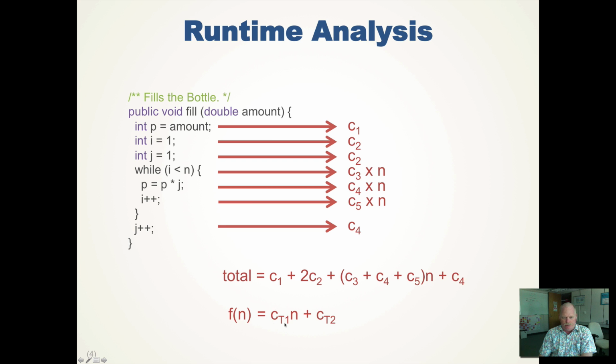It's a constant T1, which is these summed together, times n, plus another constant. So basically, as n grows, this time is going to be more a factor of n. So if n is 10 billion and this constant is 3, well, this is a much bigger number.